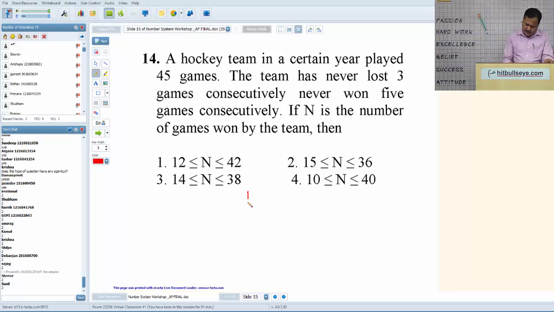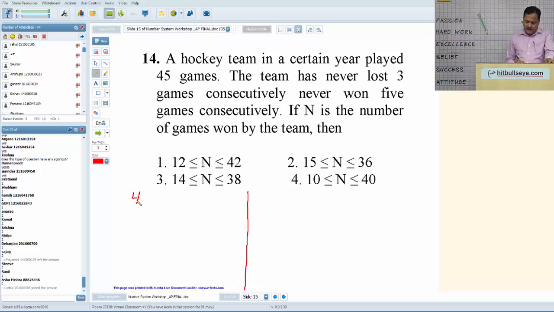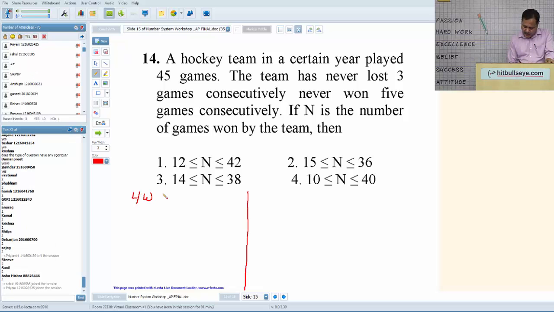Now we know that he can win at the most 4 games consecutively, not fifth one, and he can lose 2 games consecutively, not third one. So let us get the best scenario. Maximum wins कितनी हो सकती है? Let us try this. So for maximum wins, he will win 4 in a row and lose 1 after this.